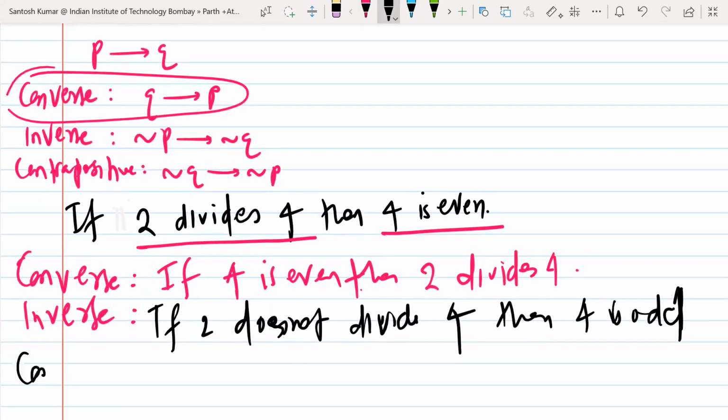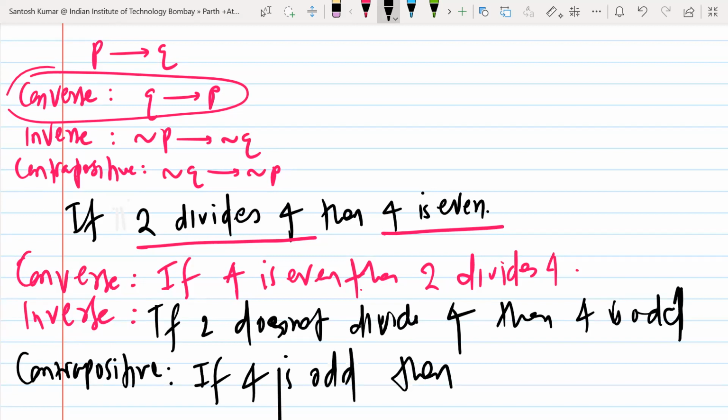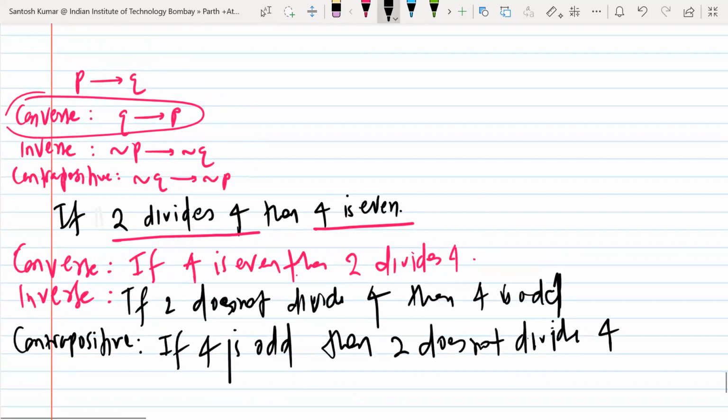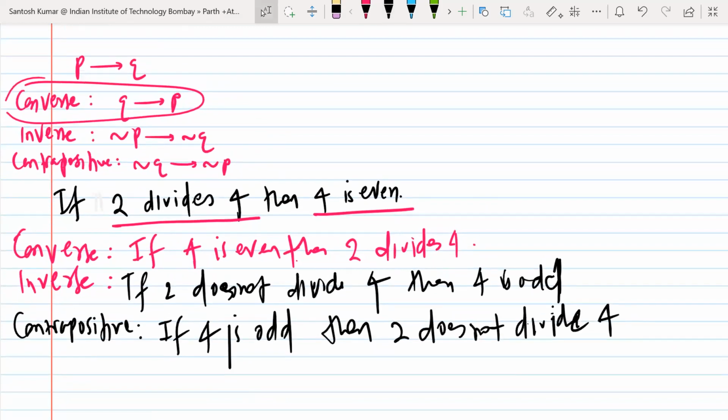And the contrapositive: not Q implies not P. If 4 is not even, meaning 4 is odd, then 2 does not divide 4, right? So this you can write simply.